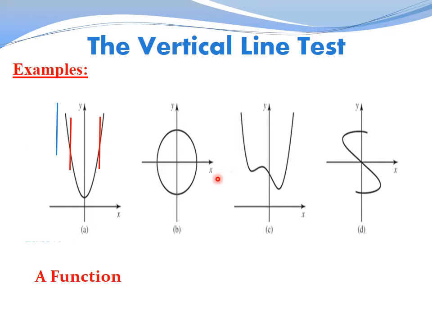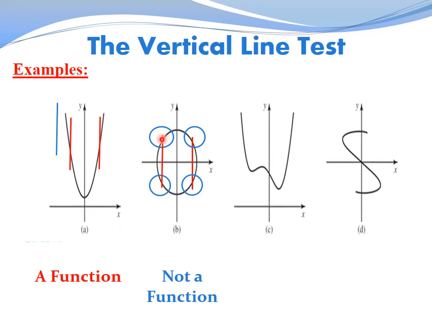What about this one? If I draw this line, it already intersects the relation, the circle, at 2 points, this point and this point. So once this happens, I can easily say this is not a function, because I can find different vertical lines, not only one, but one is enough, by the way, that can intersect the graph at 2 points.